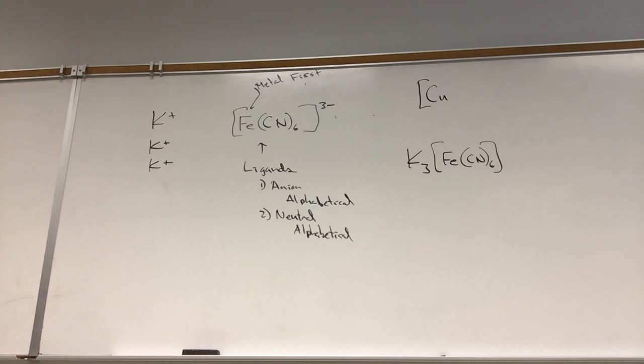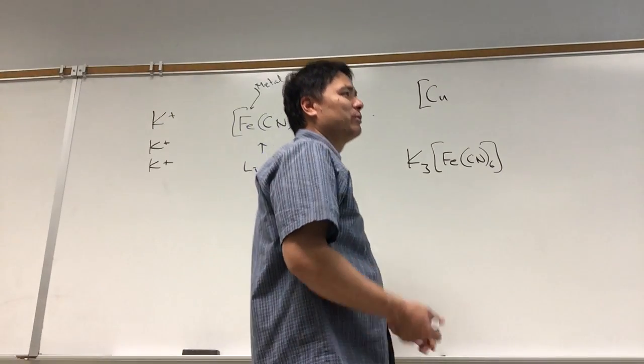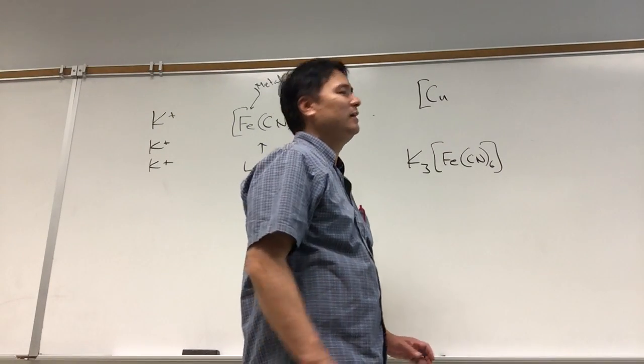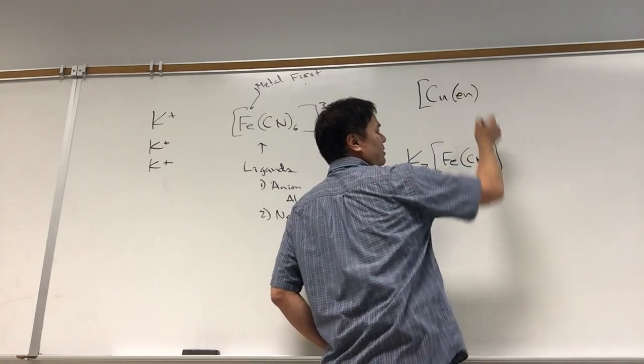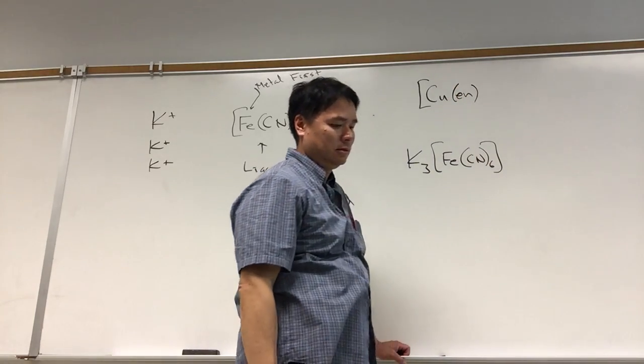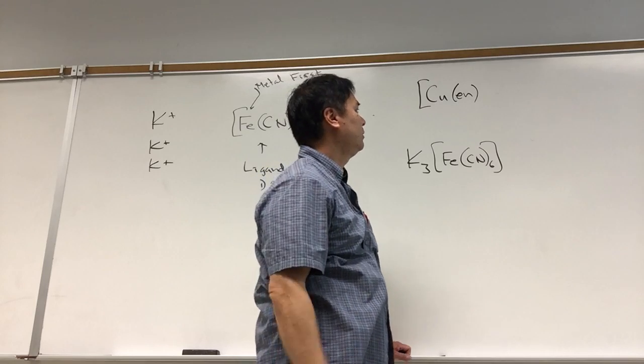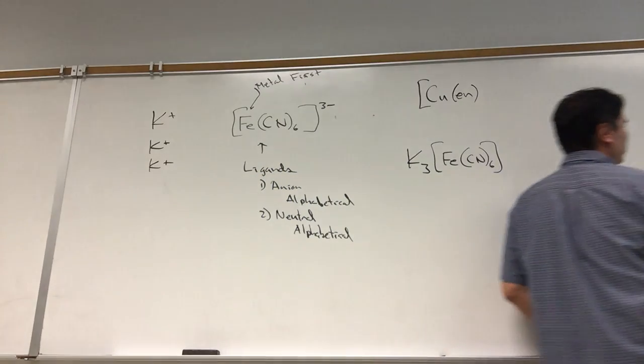Okay, next what? We have copper. And then what? Okay, 2 ethylene diamines. Now you're saved here, because do you know the formula for ethylene diamine? EN. You don't have to have the whole formula memorized. But, you know, this is the problem. How should you write the formula for EN?